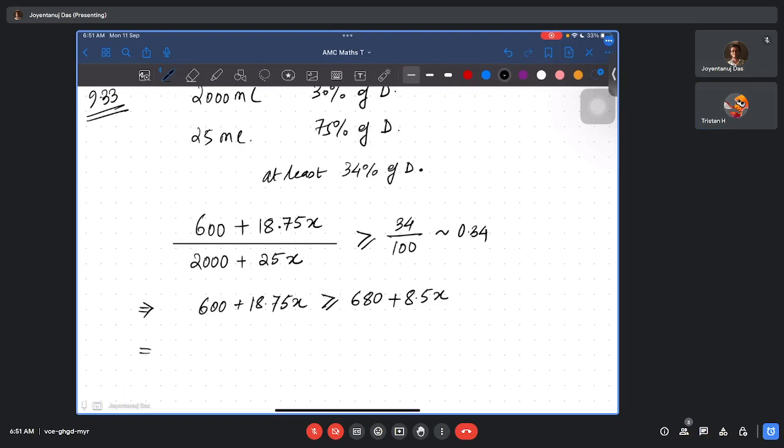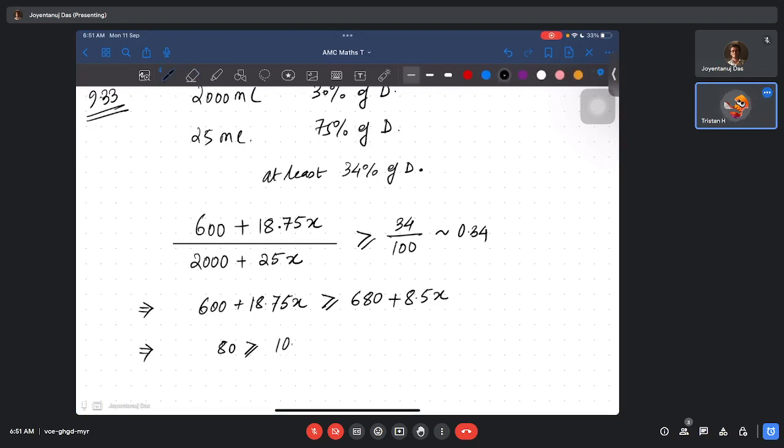Then I got 10.25x is greater than or equal to 80. Less than or equal to, right? It would be less than or equal to. Yes.